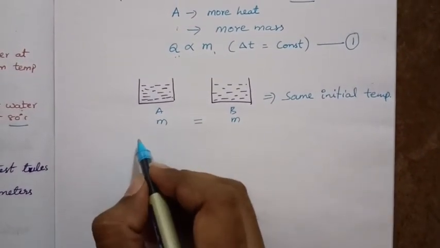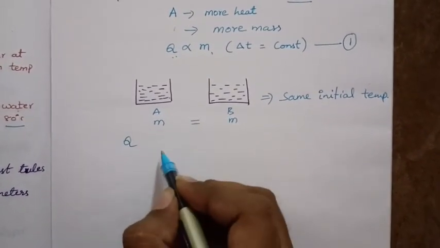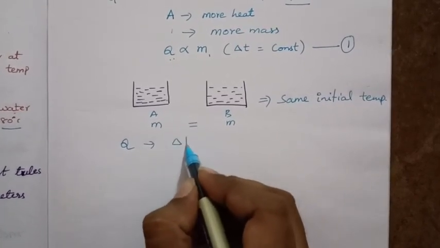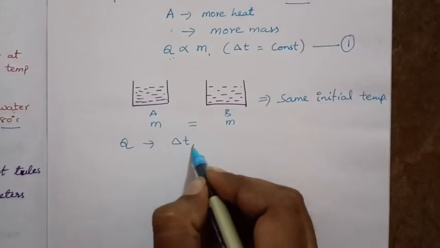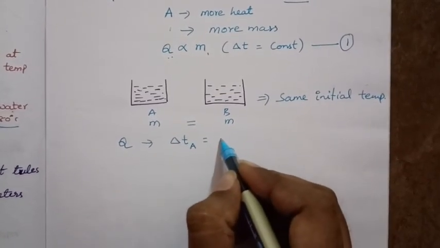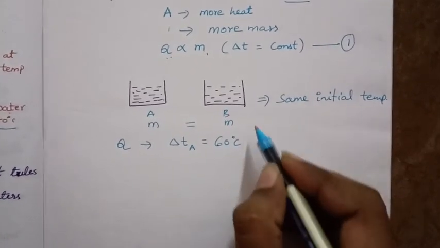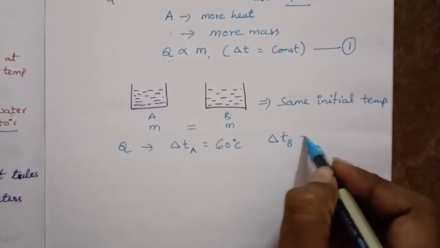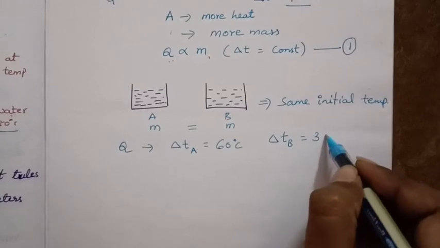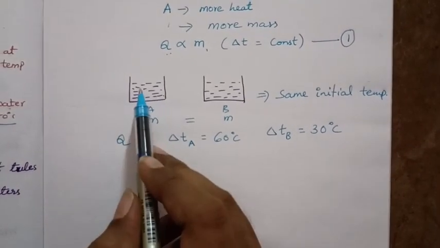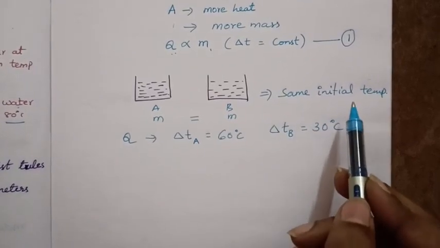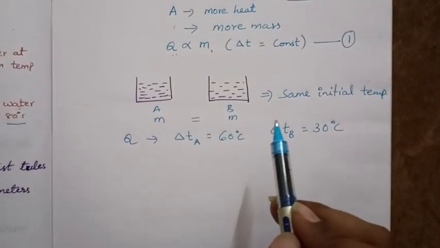Now here again I am giving heat. By giving heat, I want to change the temperature of A by 60 degrees Celsius, and for B, I want to raise it by 30 degrees Celsius. Both have the same masses and the same initial temperatures.